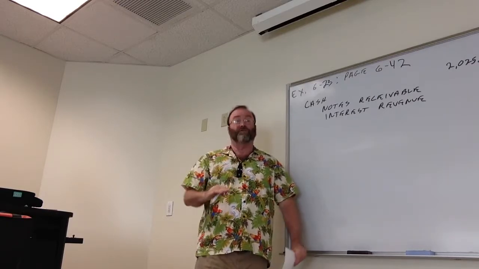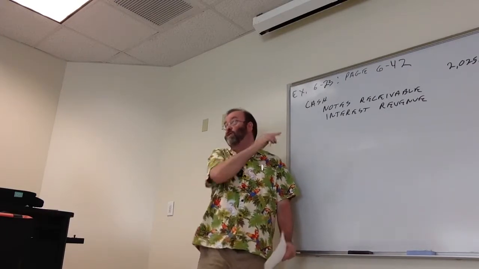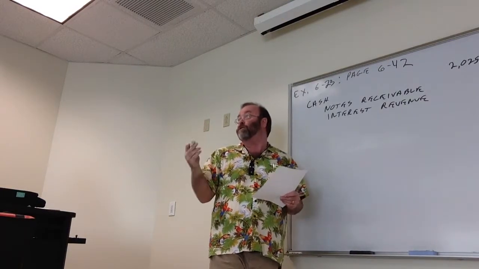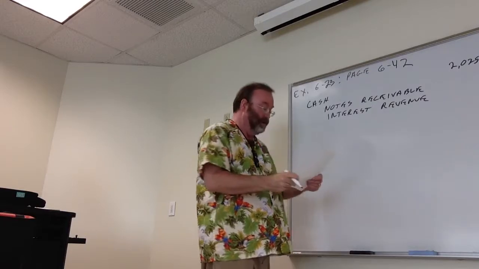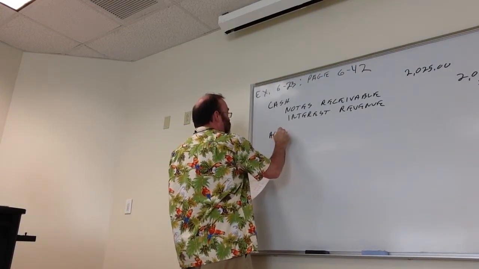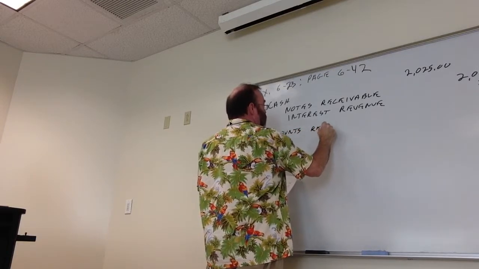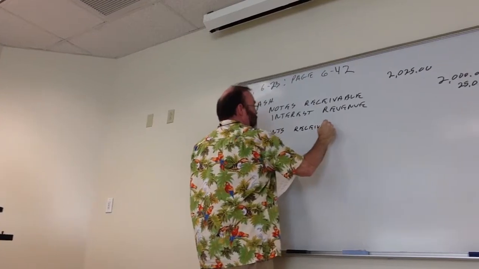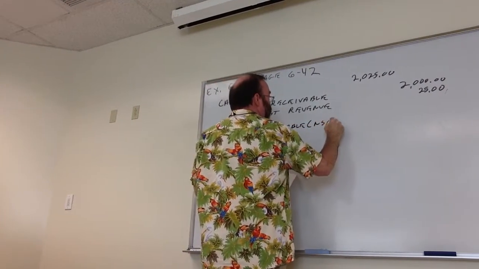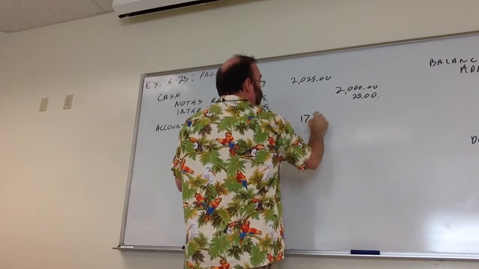And we're going to add a $15 fee at a minimum, because the bank's going to charge you when you bounce a check. When somebody bounces a check on your account, you get charged also. It's not fair, but you do. So debit accounts receivable for the NSF, for the $173.80.